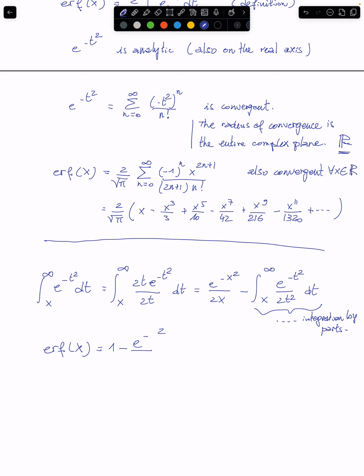Error function of x, exponential of minus x squared over x square root of pi multiplied by 1 minus 1 over 2x squared plus 1 times 3. This is the double factorial over there. Twice x squared squared plus 1, 3, 5 over 2x squared to the third.